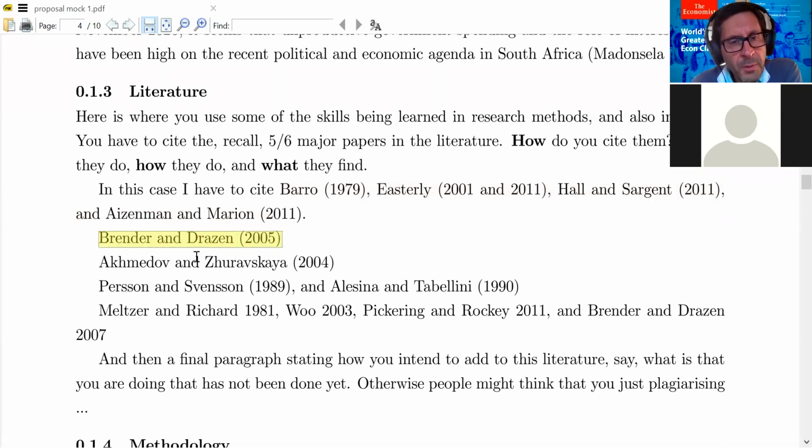This is the role of democracy. This is the role of political cycles. Persson and Svensson, Alesina and Tabellini, they do also the cycles. And then Meltzer and Richard, 1981, is the classical paper on the median voter, right? And the others are important papers on the median voter literature as well.